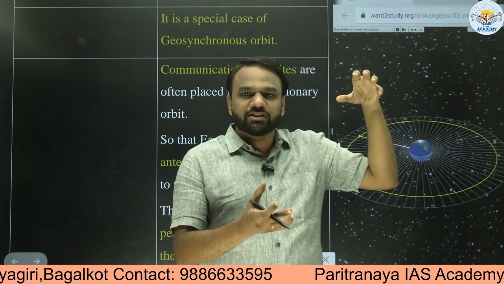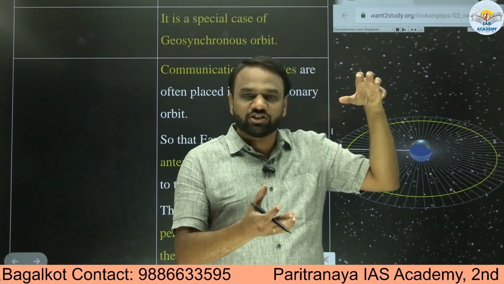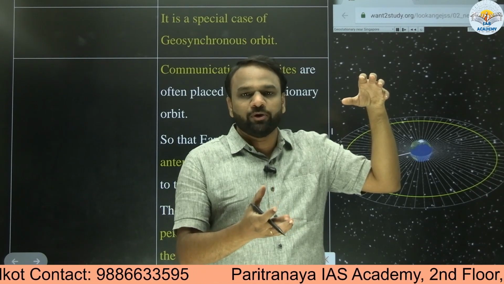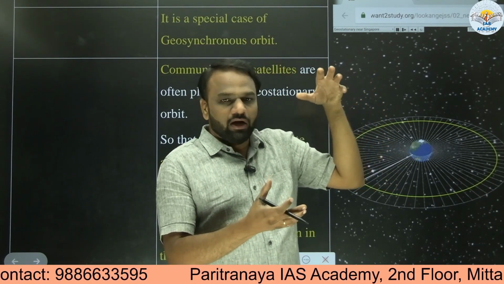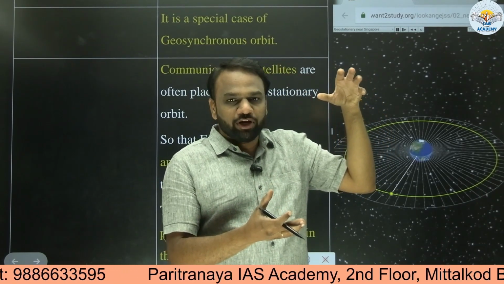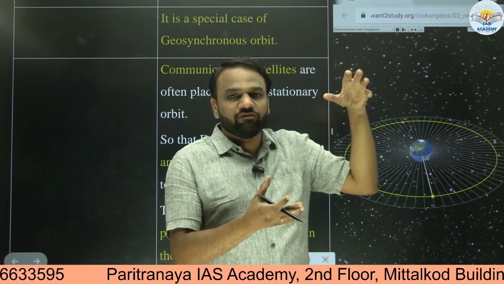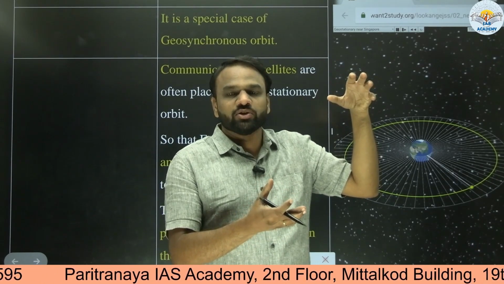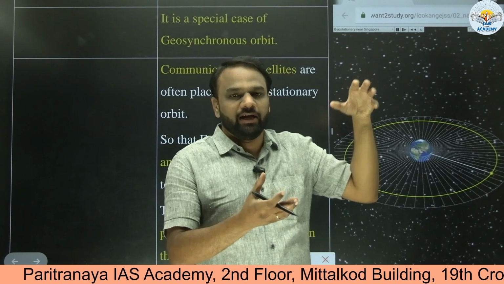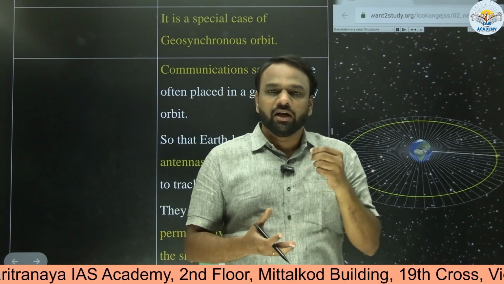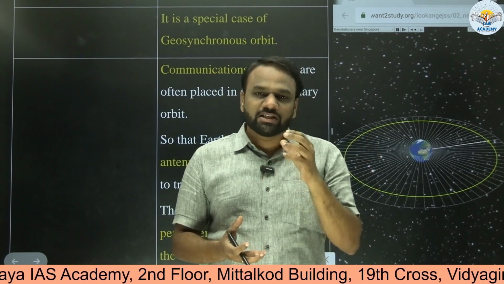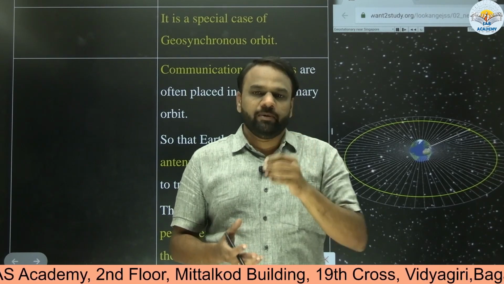We only set the position at the time of installation, and after that we need not change it, because the communication satellite and our antenna are always facing one another. So there is no requirement of changing the position of the antenna. This is the advantage gained by placing the satellite in a geostationary orbit.